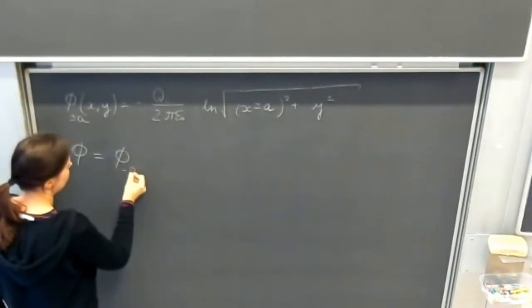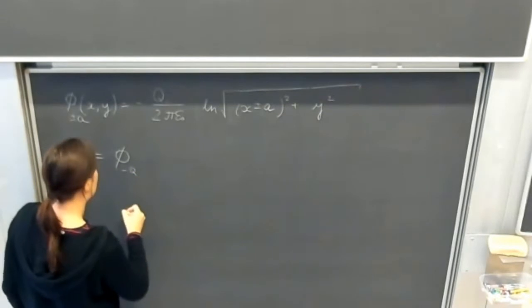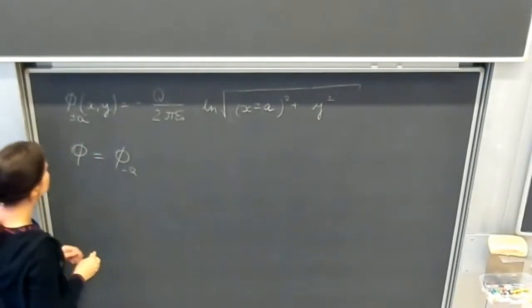The total potential would be the sum of those two potentials.